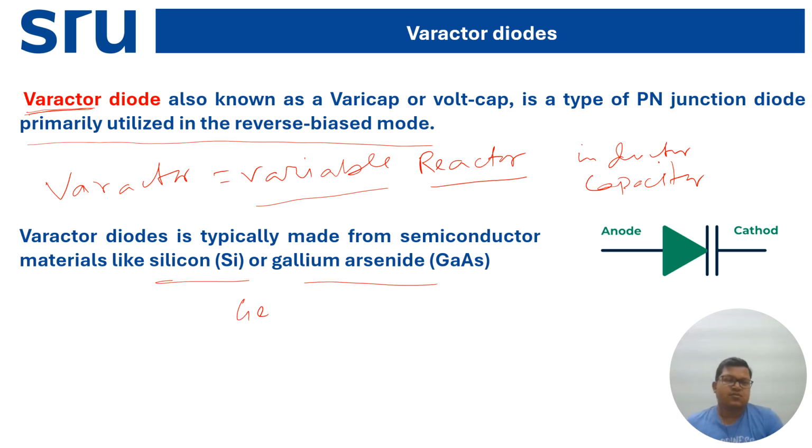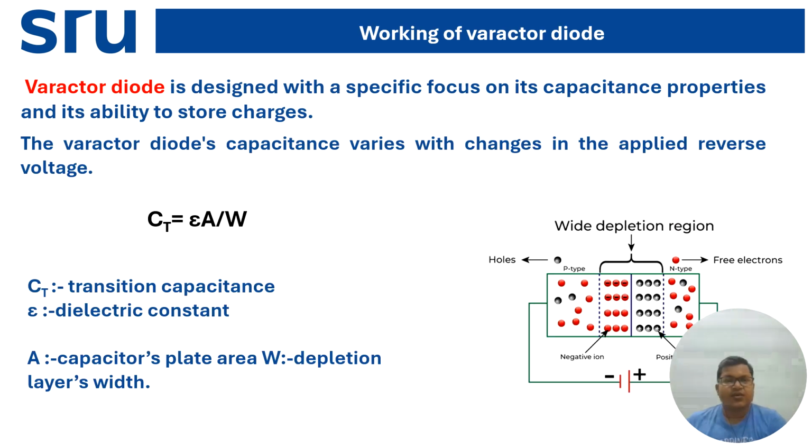This does not need to be mentioned, but for your better understanding we are mentioning some of the semiconductors from which this type of diode is made. And here is the image for this diode. The basic difference is that you can see a capacitor symbol there, so this is a diode, but it has this capacitance effect. We will see that next.